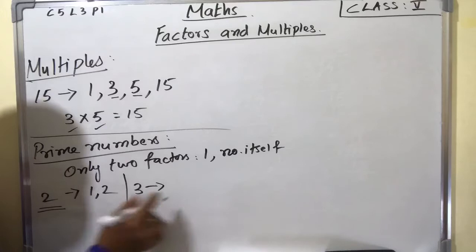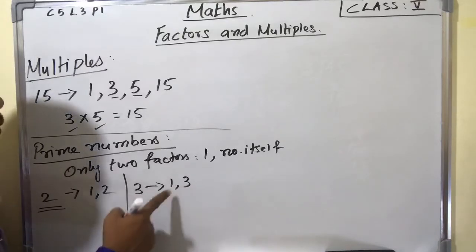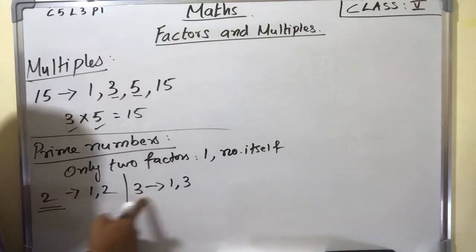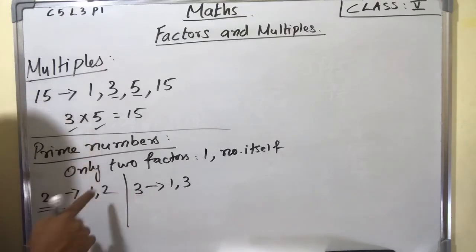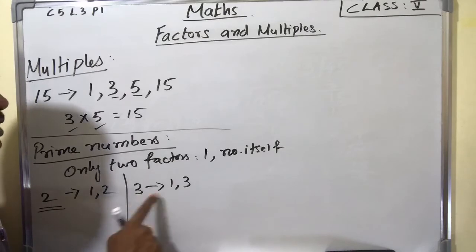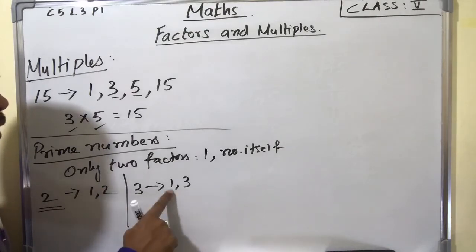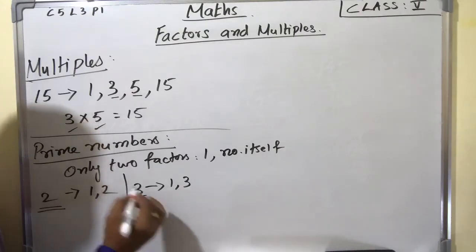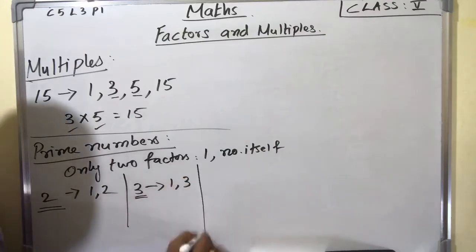What are the factors of 3? 1 and 3 only. 1 will divide 3 and 3 also will divide 3, without leaving any remainder. How many factors? Only 2 factors: 1 and the number itself. So 3 is also a prime number. Check 4.